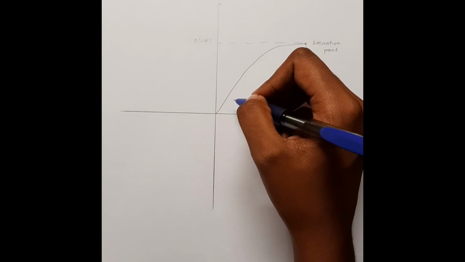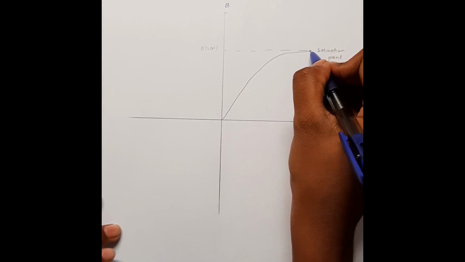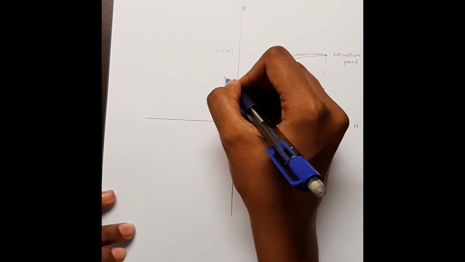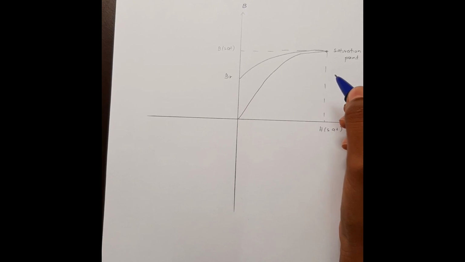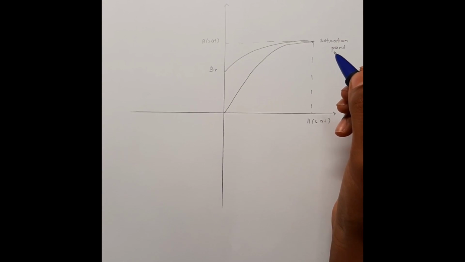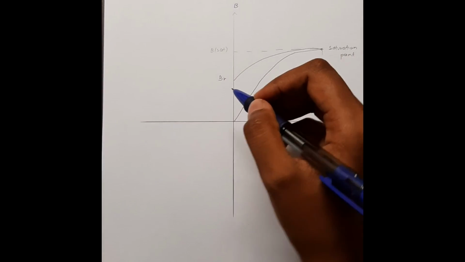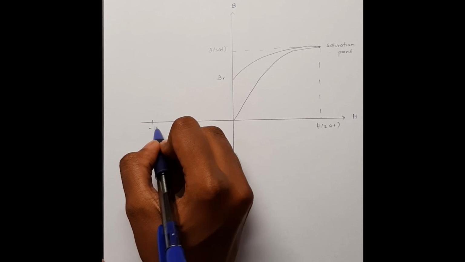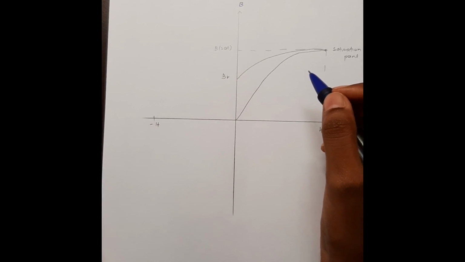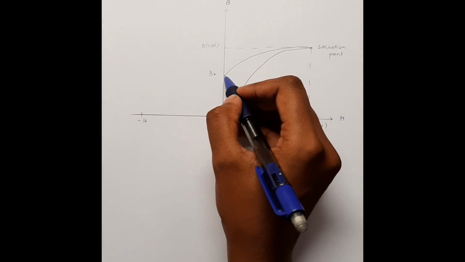If H is decreased to 0, B will fall back along a different path to a residual value. This is called the BR value. This indicates the material continues to be magnetized even when H is removed. So this is called retentivity. A reversal of the magnetizing field is represented by the negative values of H on the curve and is achieved by reversing the current in the coil. An increase in H in the negative direction causes saturation to occur.